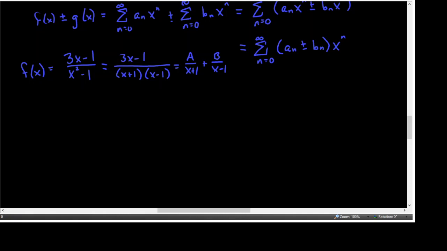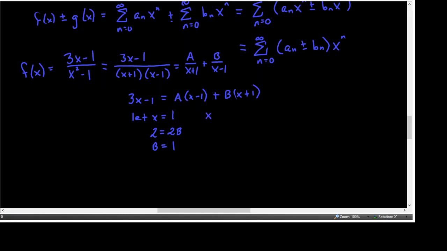So as a review of that, we multiply both sides by x plus 1 and x minus 1, getting 3x minus 1 on the left side, and a times x minus 1 from the first fraction, plus b times x plus 1. And so if we let x equal positive 1, 3 times 1 minus 1 is 2. 1 minus 1 is 0, so the a part becomes 0. 1 plus 1 is 2, so that becomes 2 times b, which means we can solve for b by division, and it's 1.